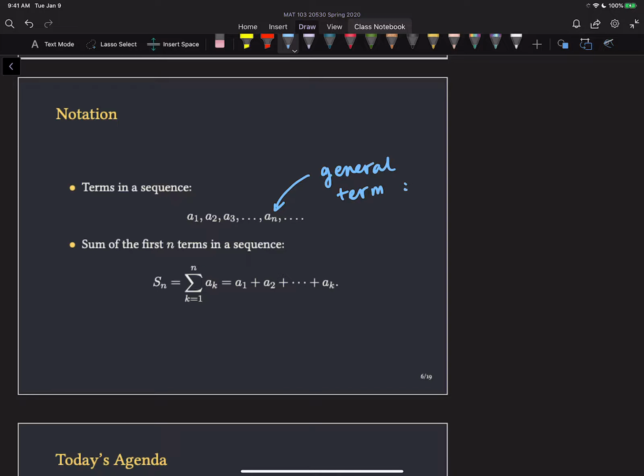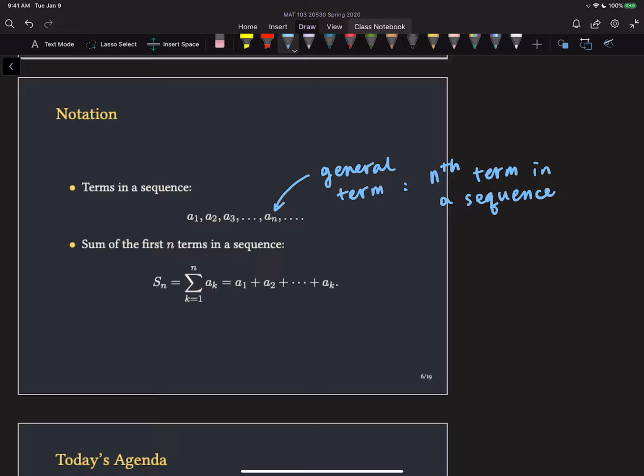We also call it the nth term because the subscript is n, so it's the nth term in a sequence. And as you can see, the n can be replaced by any whole number. You could do a1, you could do a2, a50, a100. So that's what the an is. It's the general term of the sequence.